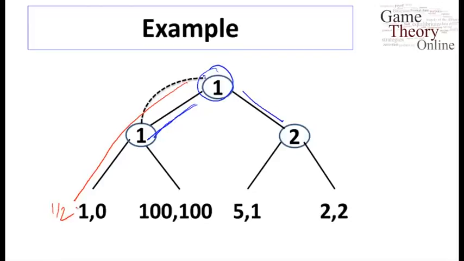And if you chose right, well, you would end up here, and then the actual distribution among these two depends on the strategy of player 2. Let's say, for the sake of discussion, that player 2 is randomizing 1/2 as well. So you get a quarter here and a quarter here. Notice that the probability here is 0.